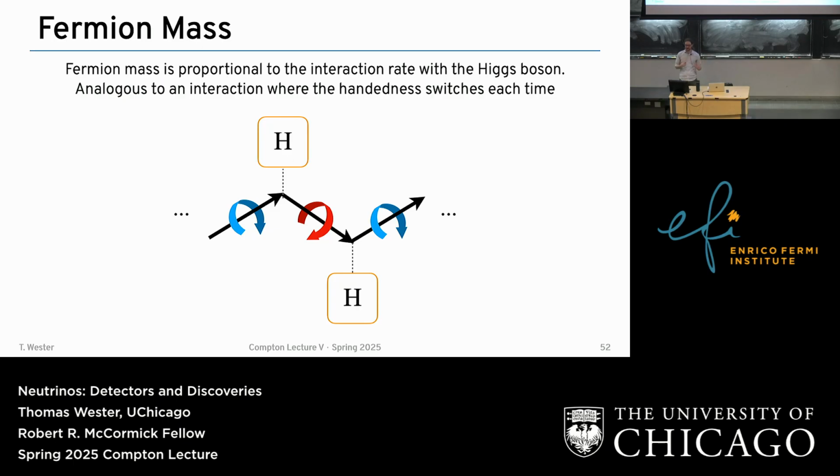So the model that we have generated over the years is that fermions, as they travel through space, interact with the Higgs field, and each time they do that, they switch handedness from left to right and then back again. And the more times you interact, in other words, how strongly you interact with the Higgs field, is kind of like a drag. It influences the mass of the particle. So if you interact more, you should be a heavier particle. If you interact less, you should be a lighter particle.